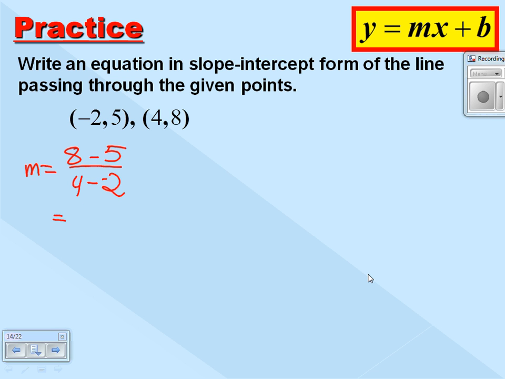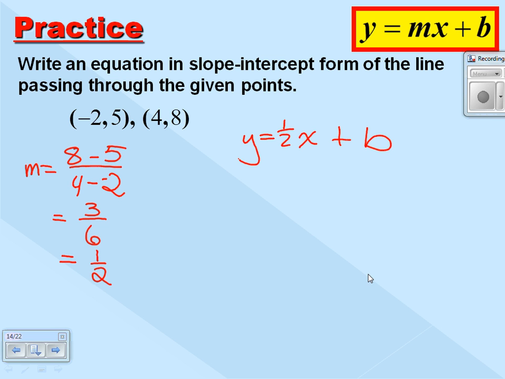The slope will then be 3 over 6, which simplifies to 1/2. I again have my slope. I can plug that into y equals mx plus b. Therefore, I get y equals 1/2 x plus b.